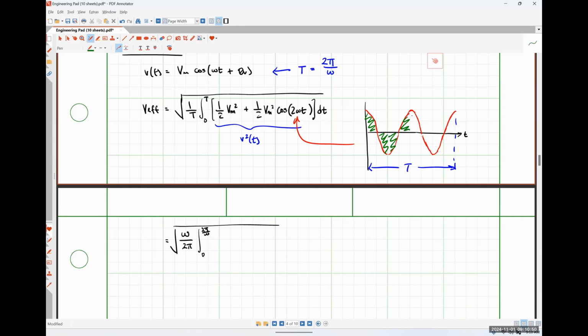This area is canceled by this one. This one is canceled by this one. And obviously the integral over 2 periods is just 0.